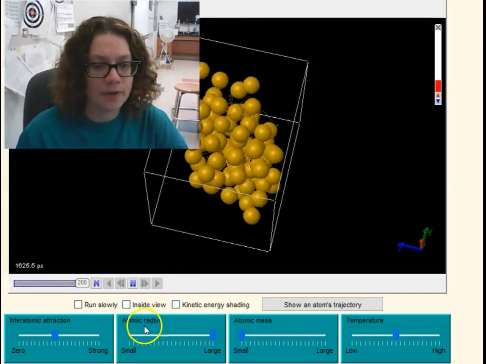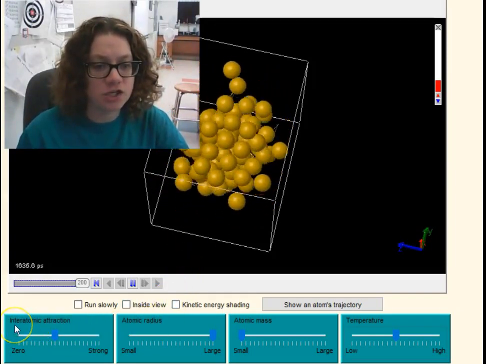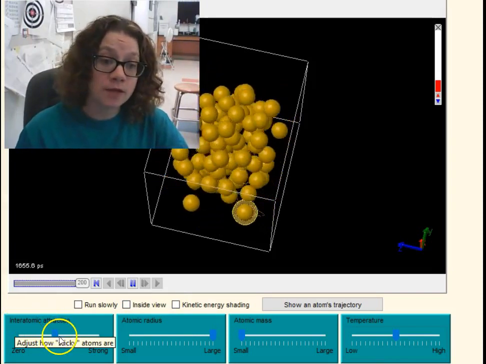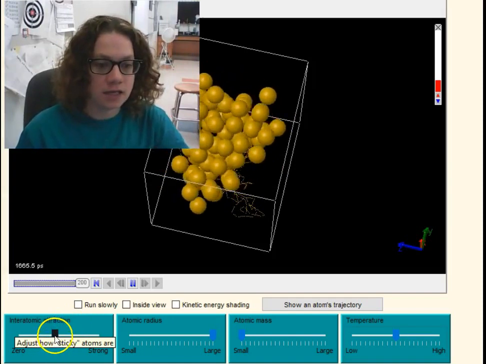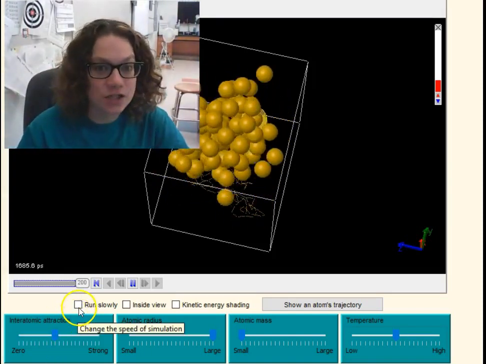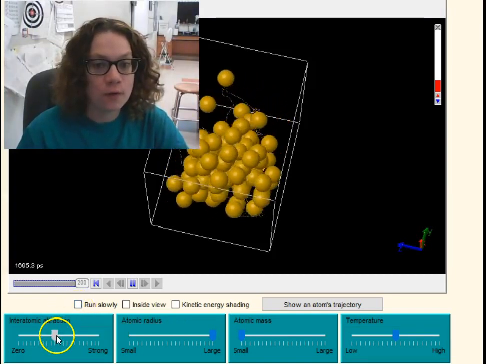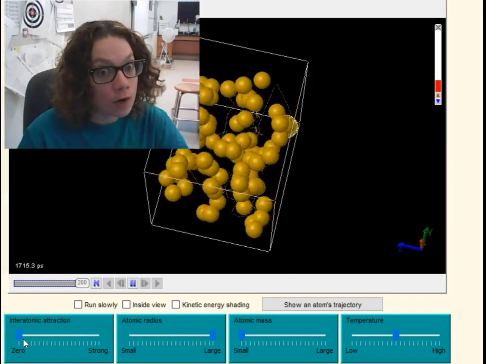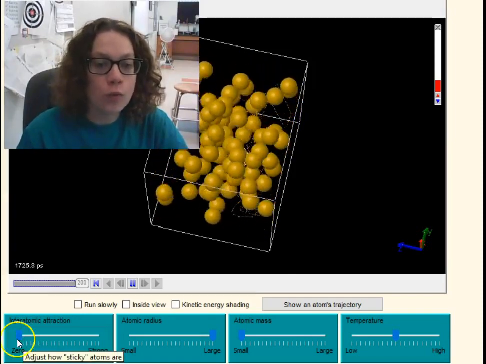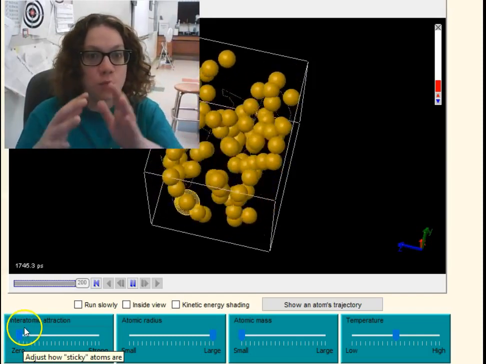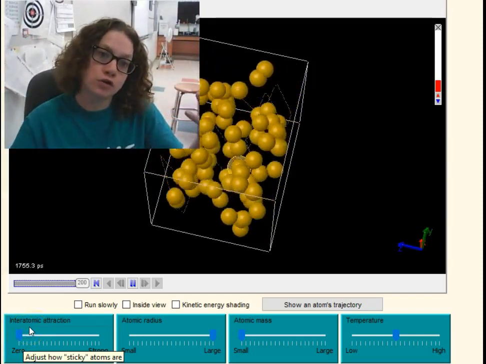Now what would happen if I changed the interatomic attraction? What would happen if I made the atoms less sticky, less attracted to each other? They would spread out more. So the weaker the intermolecular forces, the more spread out the particles will be.